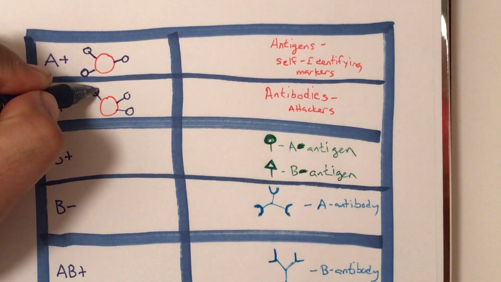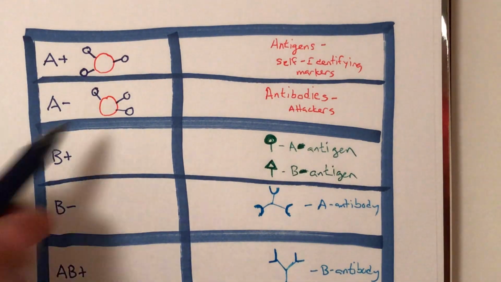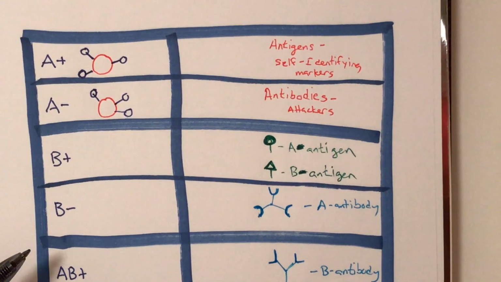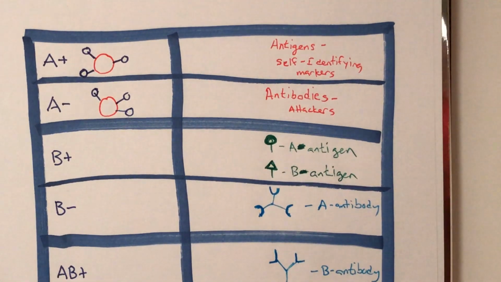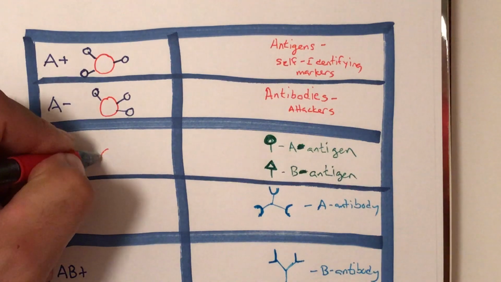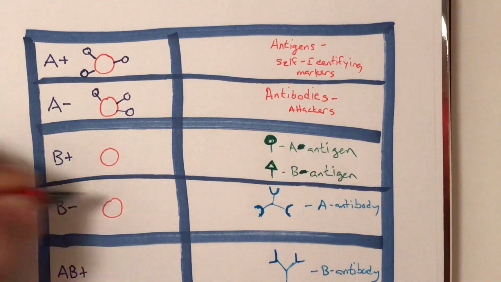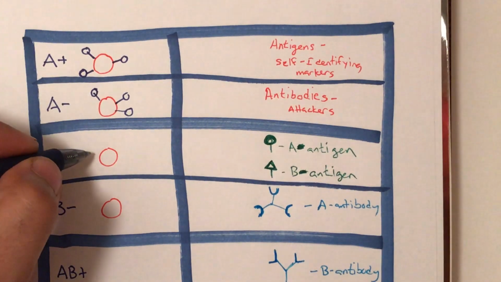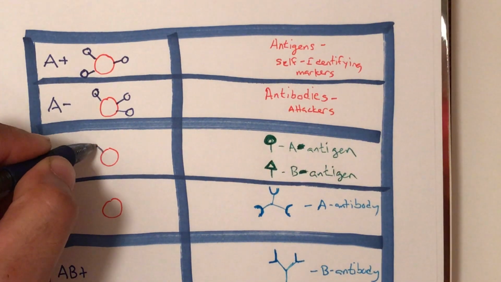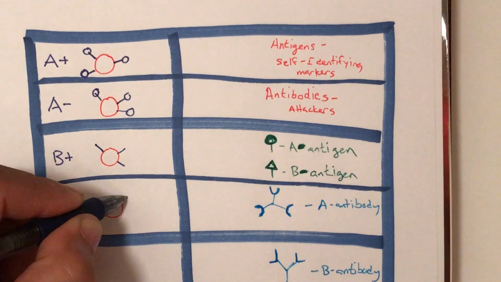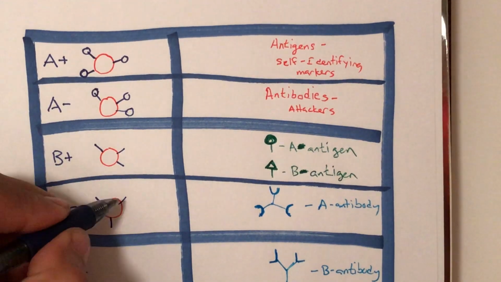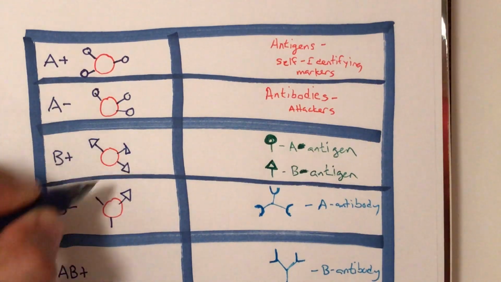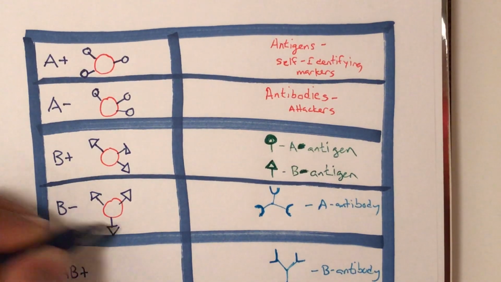Because we have put on the red blood cell self-identifying markers. These are the antigens, and more specifically, A antigens. Now we do the same thing again with type B blood. How can I show that this is a B red blood cell? You put on B antigens. Triangle, triangle, because that's what our key shows.